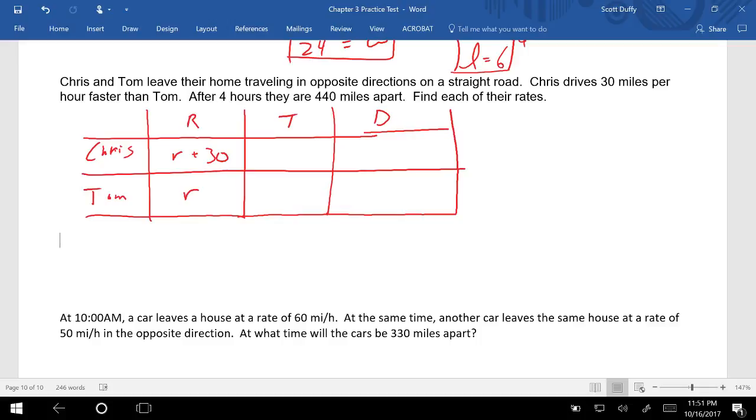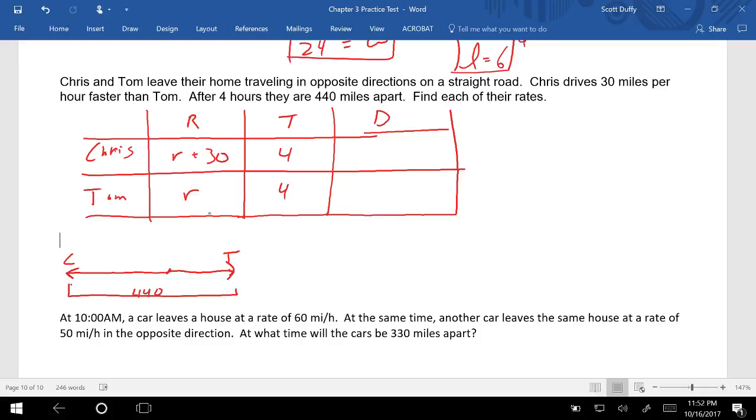After 4 hours, they are 440 miles apart. So we know that they're both leaving at the same time, so their time is both going to be 4 hours. And then their distance is equal to the rate times the time. So they each are going to have different distances. Chris going this way, Tom going this way, and we know that the distance between them is total 440.